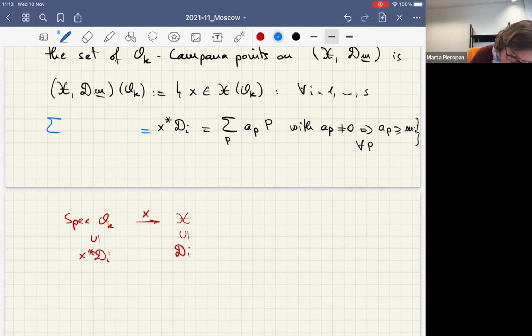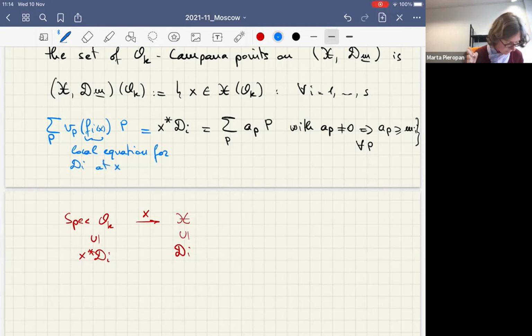So what we get is a sum over prime divisors, and then here we have that these coefficients are the valuations, in the discrete valuation ring, at the prime divisor P that I fixed, of some f_i, and here f_i is a local equation for D_i at the point x inside 𝒳.